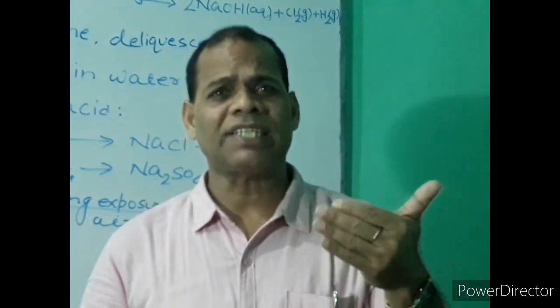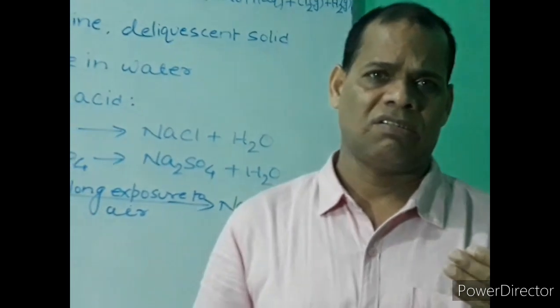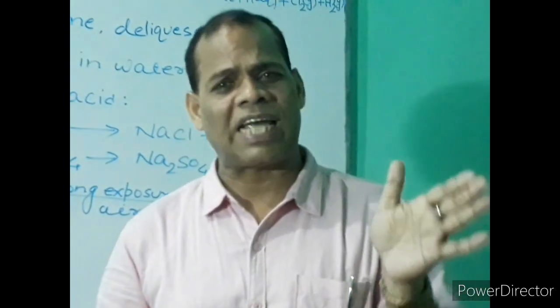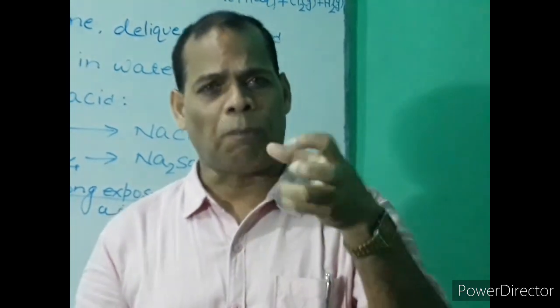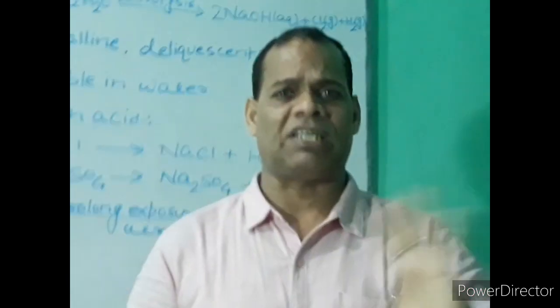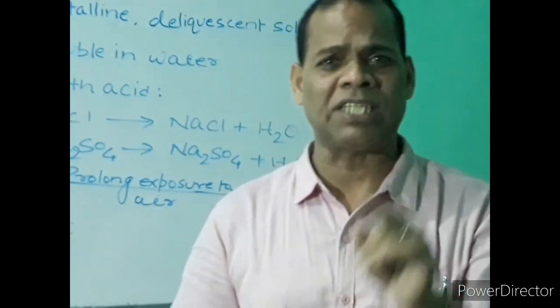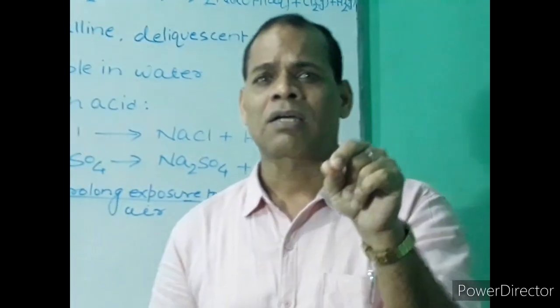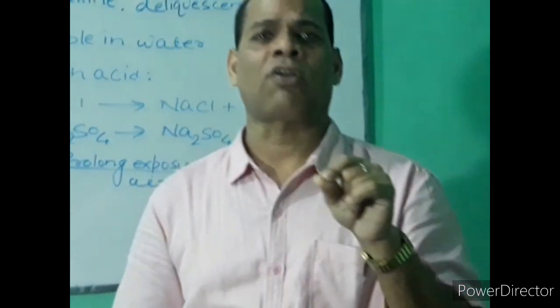It is used in the textile industry, especially in the cotton industry, to moisturize the cotton. When you buy cotton cloth, you see that it is very slippery. This slipperiness is because of sodium hydroxide.